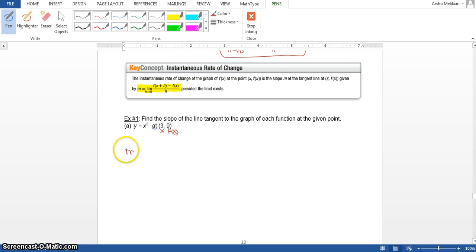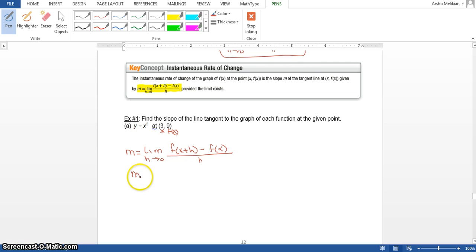All right, so the slope is going to be the limit as h approaches 0 of f of x plus h minus f of x over h. Now, I'm given x, right? So I can plug it into here, these 2 points.